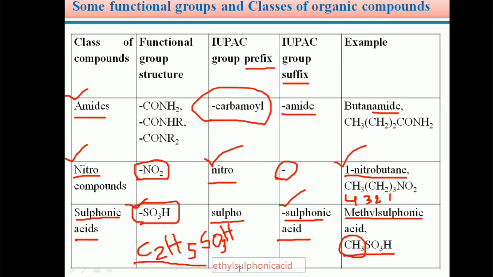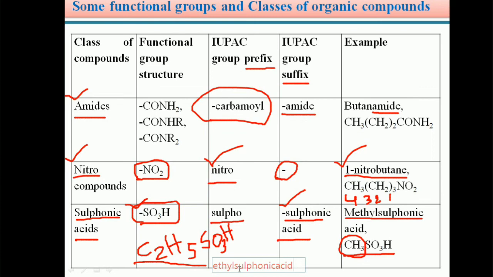So students, these are the functional groups generally we observe in organic compounds. The functional group may be an alkane or alkene, C double bond C, or a triple bond C triple bond C, or a COOH group, acid functional group, or a carbonyl functional group. It may be keto C double bond O, or an aldehyde CHO, or an amide CONH2, or an amine NH2, or an acid halide COX, or a nitro compound NO2 group, or a sulfonic acid SO3H.